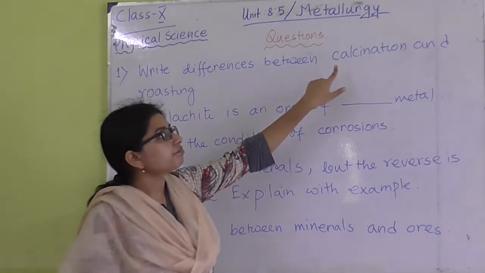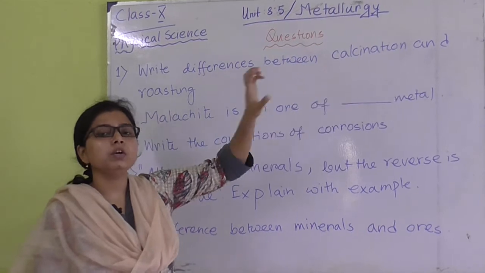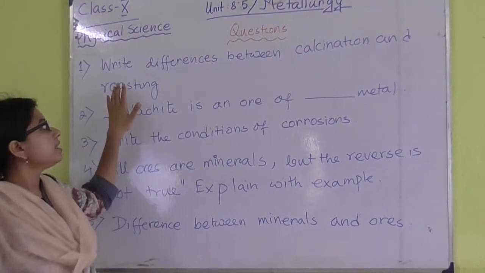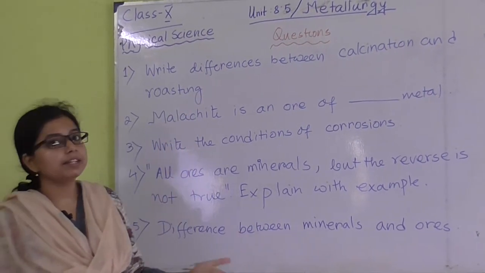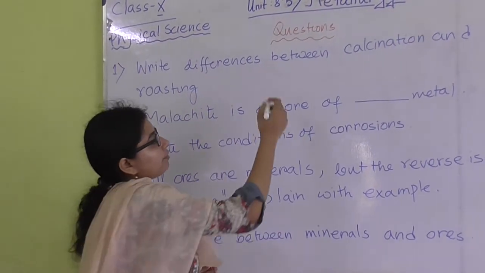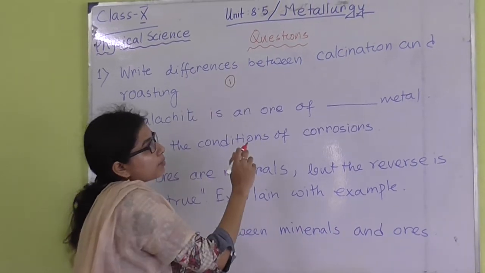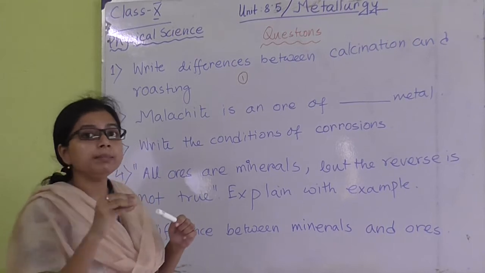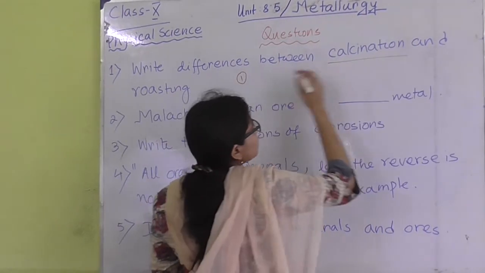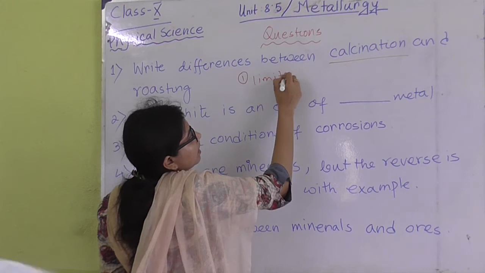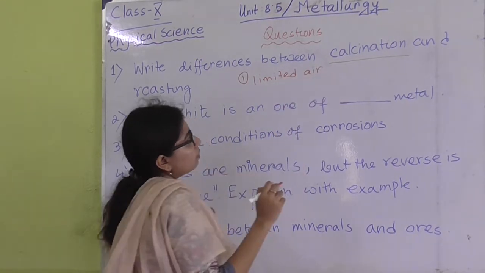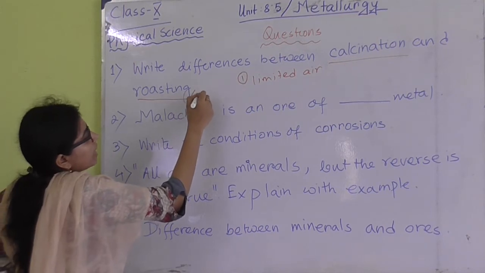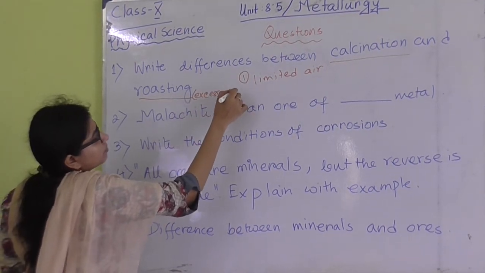And number 2, calcination is done basically over the carbonate type of ore, whereas roasting is done over the sulphide type of ore. So, what I have told, that calcination is a process where heating is applied but in presence of limited air. Okay, and for roasting this is done in presence of excess amount of air.